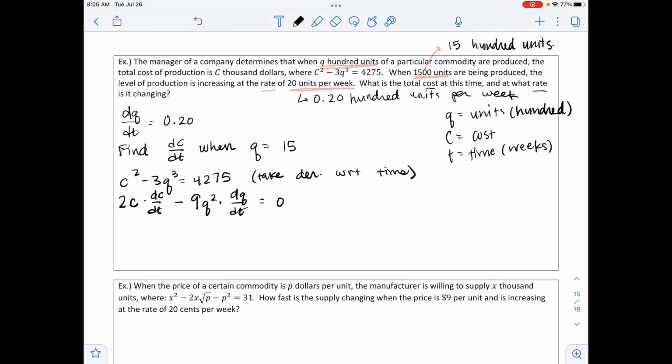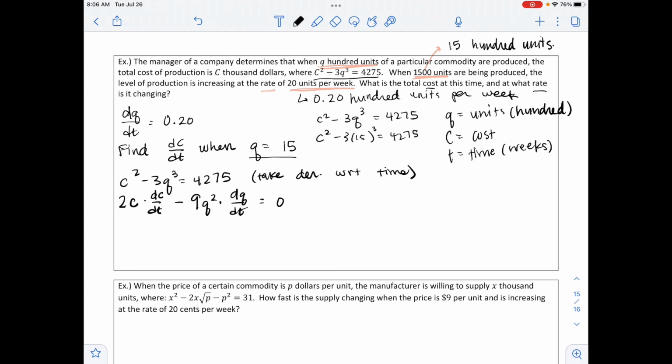From here, we're asked to find dC/dt. I'm given dQ/dt, and I'm given Q. We do have an issue because we do not know C. So in order to find C, I'm going to use my original equation and substitute in Q equals 15. We have C squared minus 3 times 15 cubed equals 4,275.